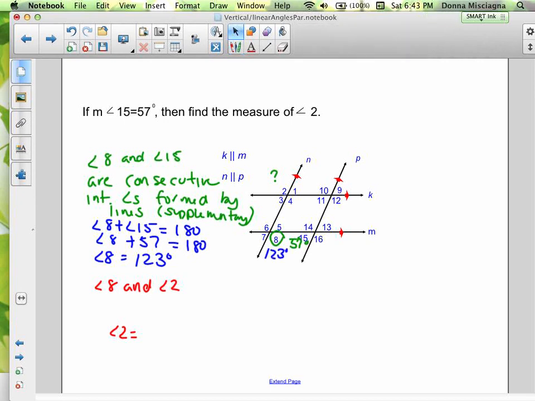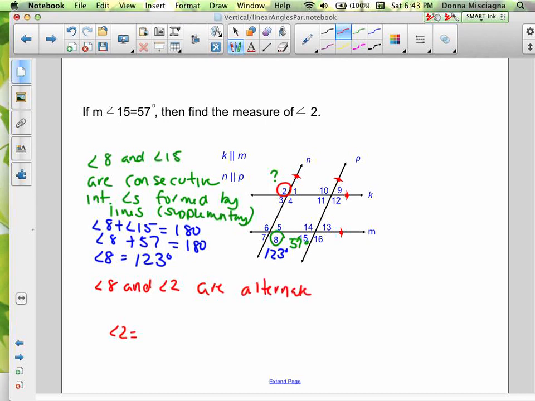Now we want to find the measure of angle 2, because angle 8 and angle 2 have a relationship. Let's look where angle 2 is. They are alternate exterior angles formed by parallel lines.